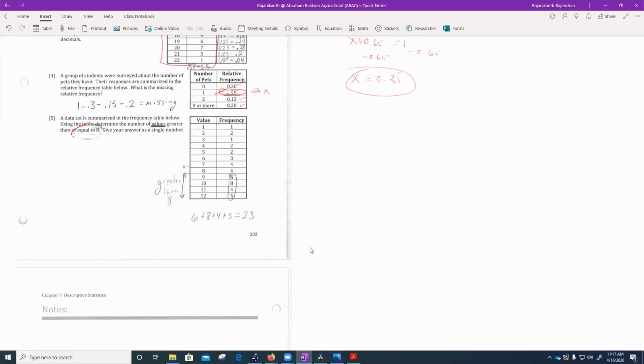Therefore, you have to include this 4 also. I missed that 4 actually. So answer should be 27. That means there are 27 data values which are greater than or equal to 8.